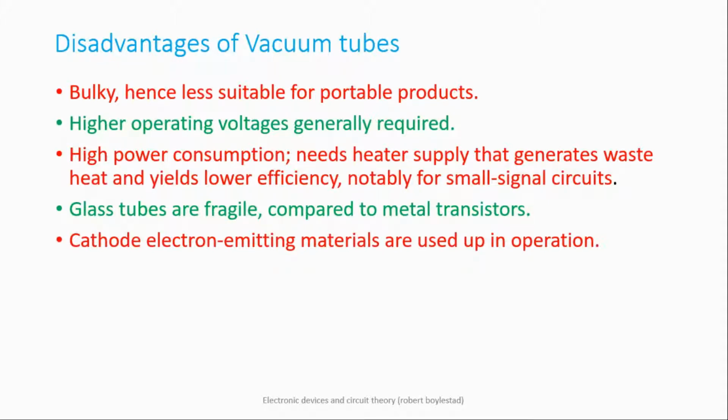We are basically using some metals inside vacuum tubes. When you have continuous operation of a particular device, some of the metal is consumed, and the characteristics are not the same as earlier after a long period of operation. This particular term is called aging effect.